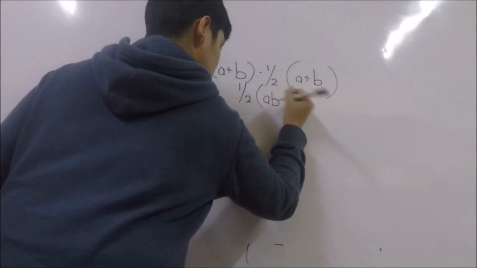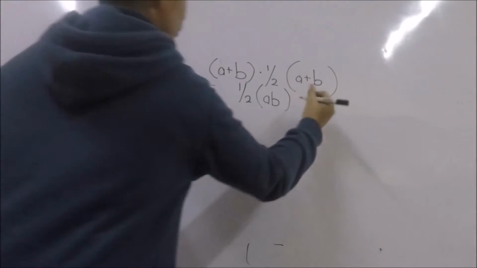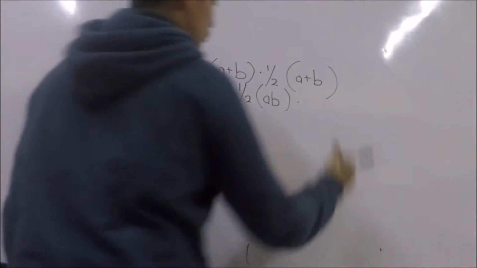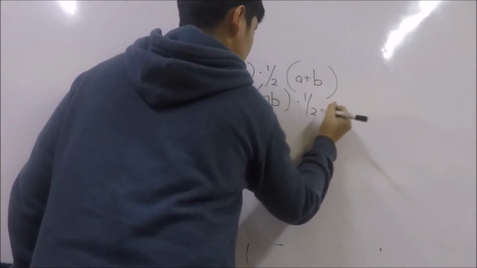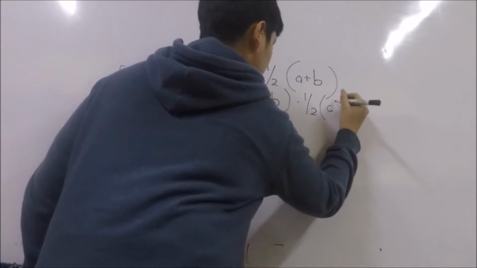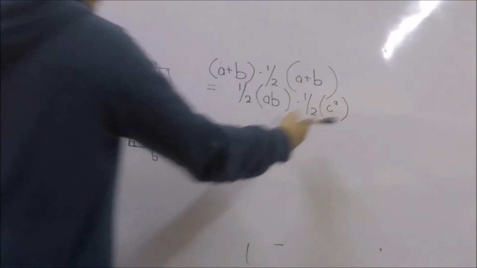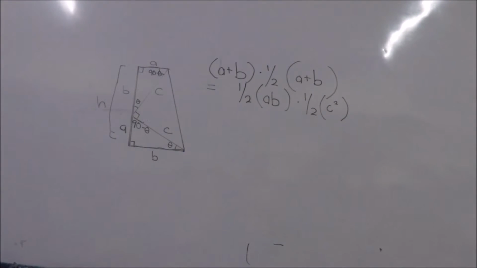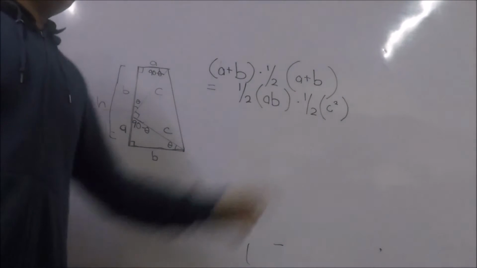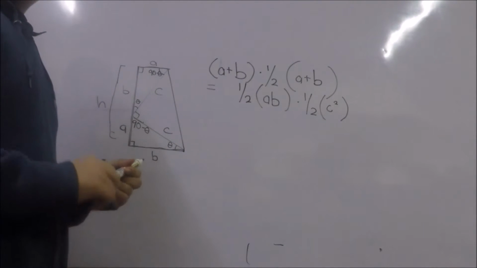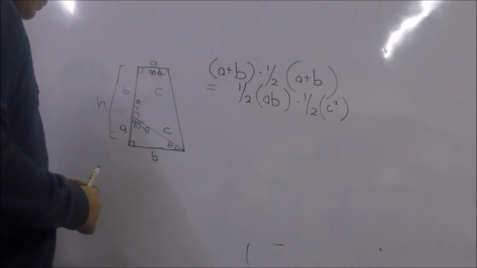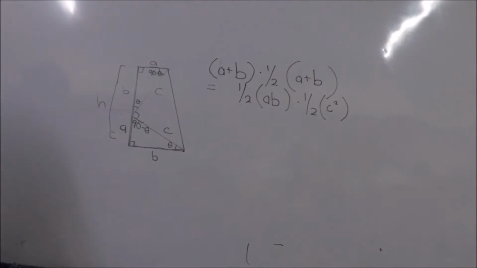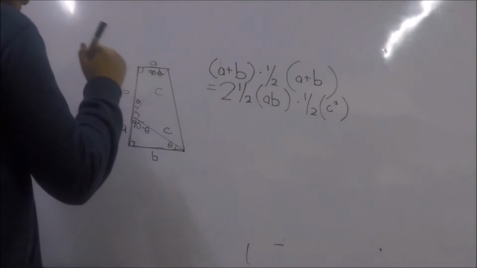This will be equal to, since there are two right triangles, we just have to solve for the area of one of these triangles and multiply it by 2. So to get one right triangle's area, you make it 1/2 times AB. Then you multiply it by 2 since there are two right triangles.